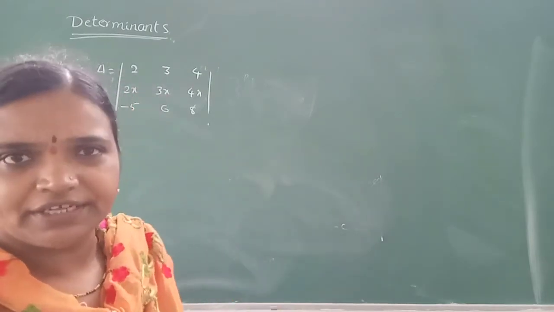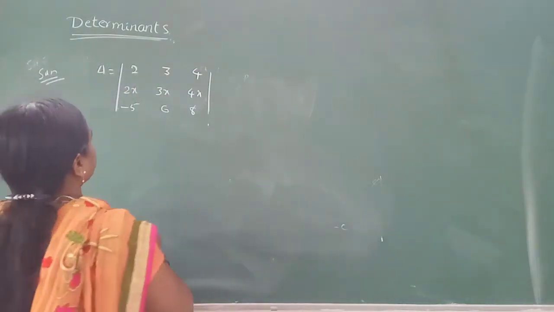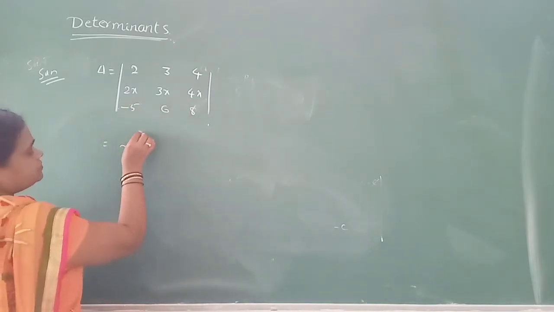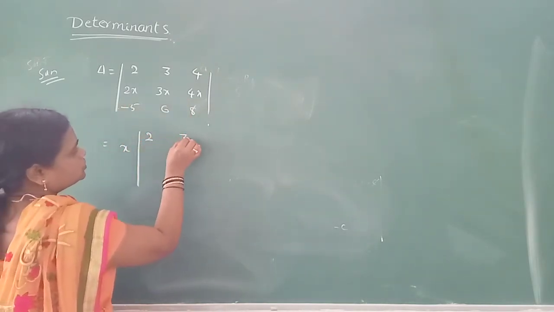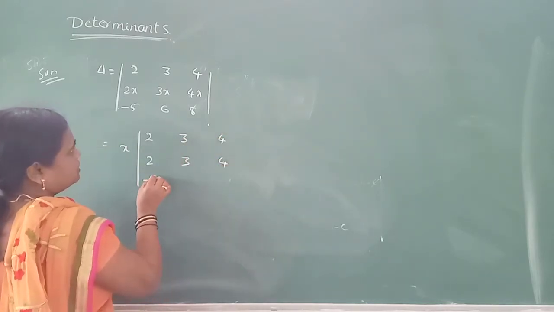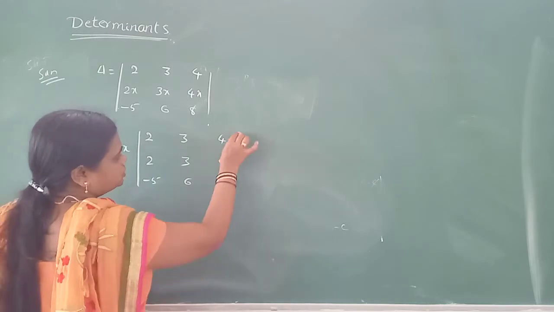We proved this already. Knowing that concept, we can take x common outside: x times the determinant 2, 3, 4; 2, 3, 4; minus 5, 6, 8.